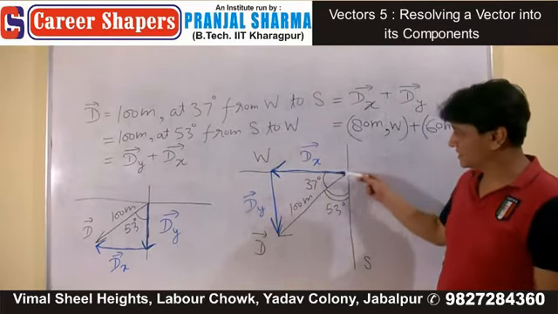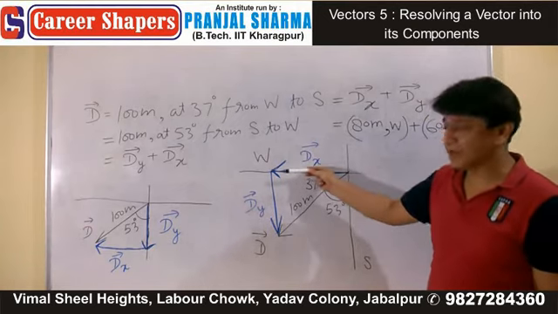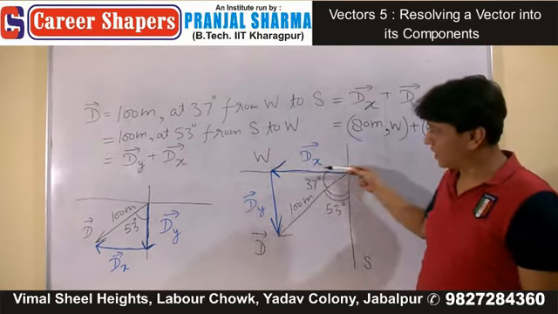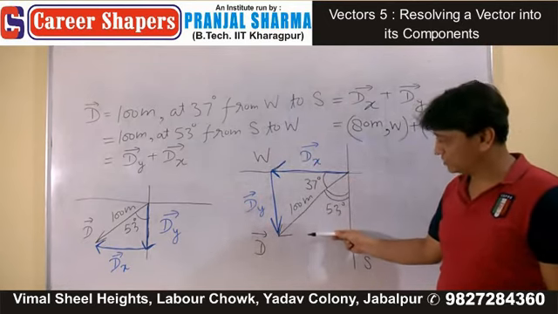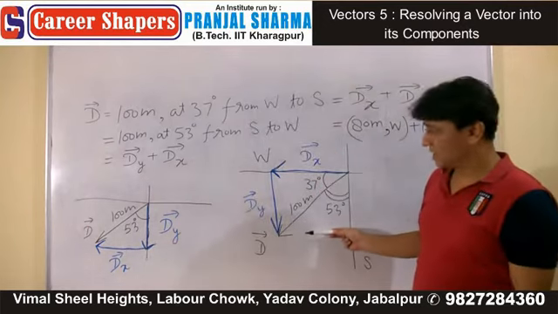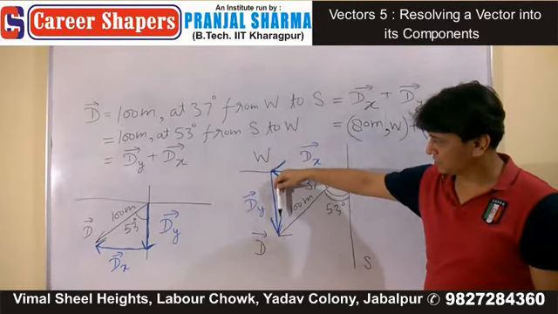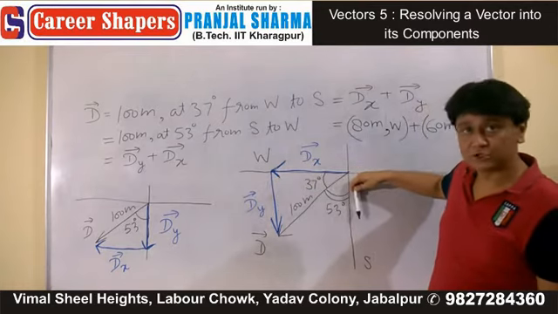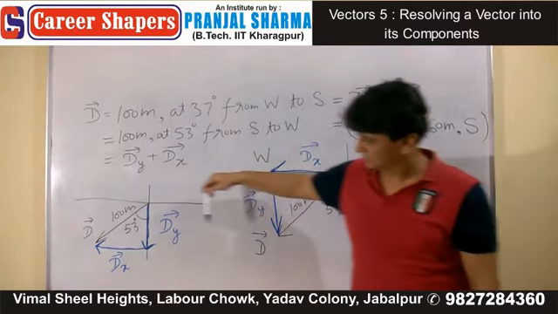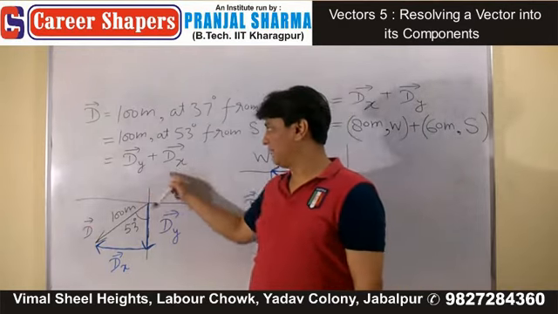The only difference is this dx. Instead of plotting dx here, we're plotting it at this position. Instead of plotting dy at this position, we're plotting it at this position. You just need to find dy and dx.